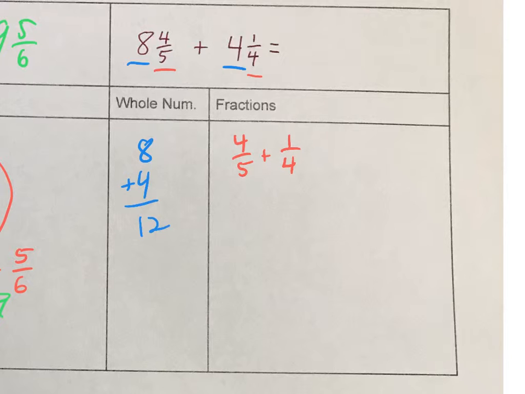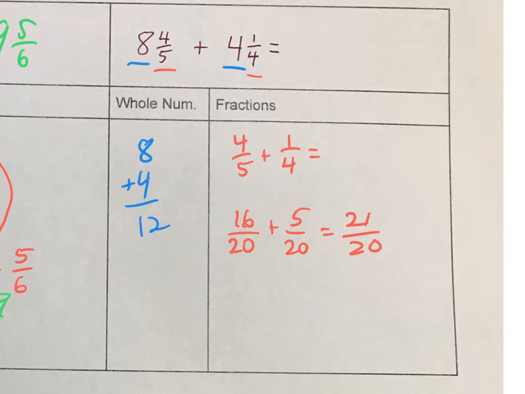And if you can figure out a common denominator without listing your factors, that's totally fine. It's going to be 20. So 5 times 4 is 20, so 4 times 4 is 16. 4 times 5 is 20, so 1 times 5 is 5. And now I'm going to add those.